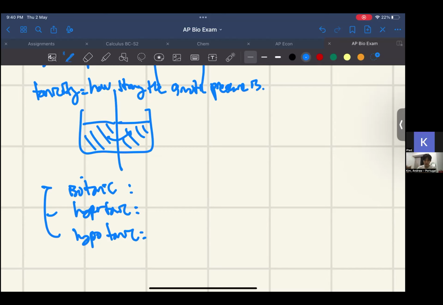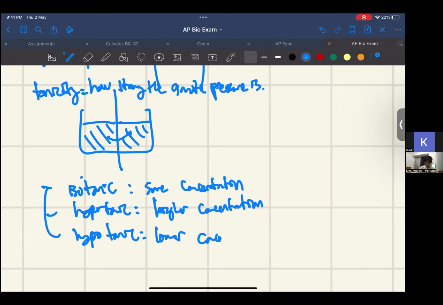It's a comparative characteristic. Isotonic solution means solution A, the solution you're looking at, has the same concentration as the other solution you're comparing to. Hypertonic solution is a solution that has higher concentration than the solution you're comparing to. Hypotonic solution is a solution with lower concentration than the solution you're comparing to.